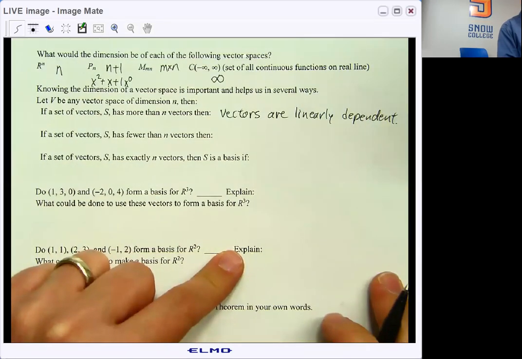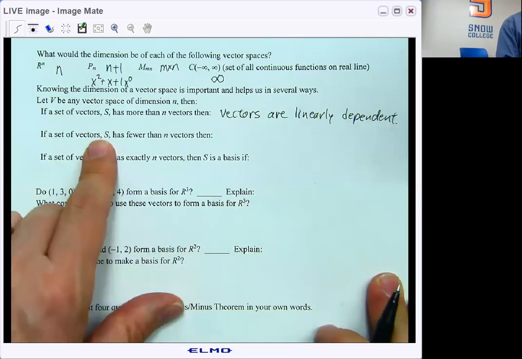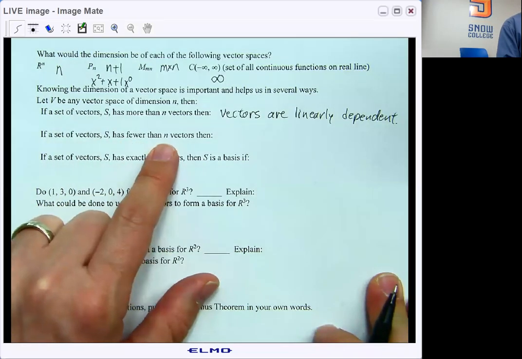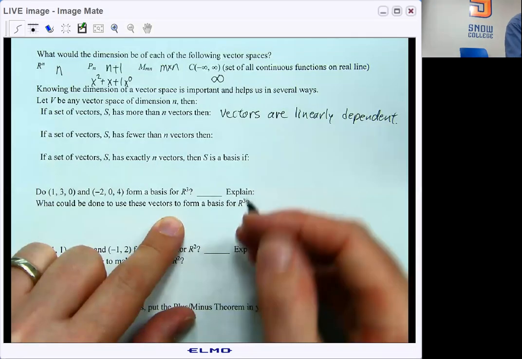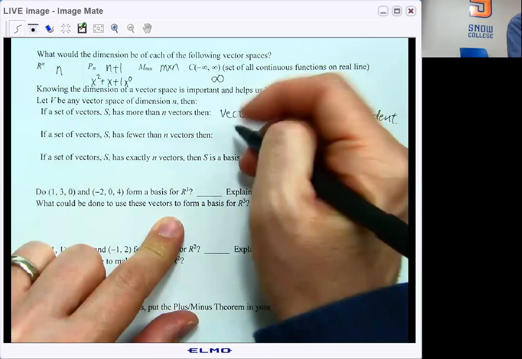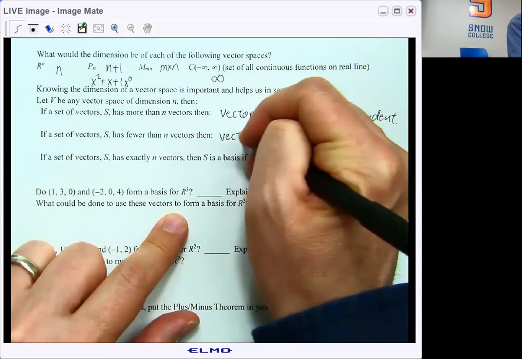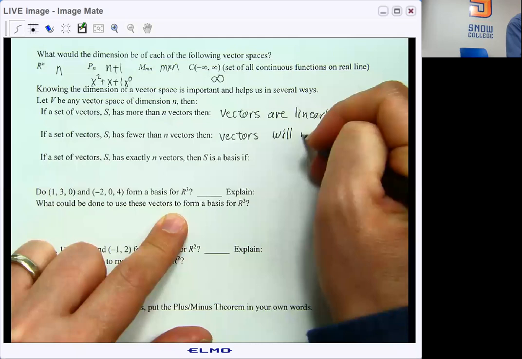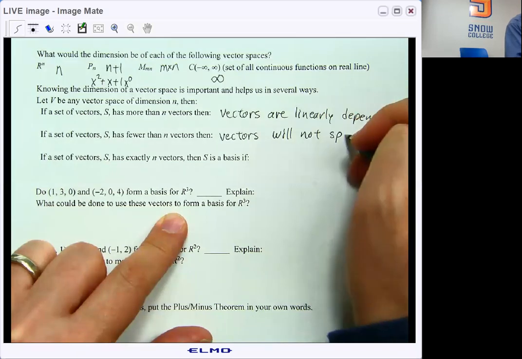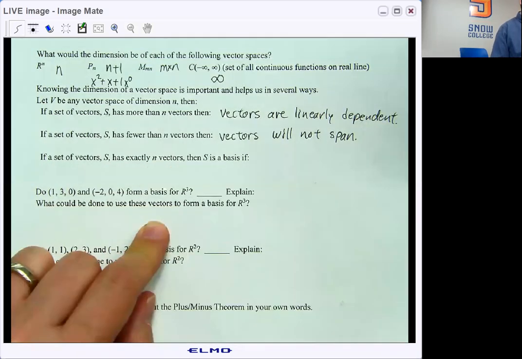If, on the other hand, we have fewer than n vectors in an n-dimensional space, did you get that? The vectors will not span. There just aren't enough vectors to cover the entire space.